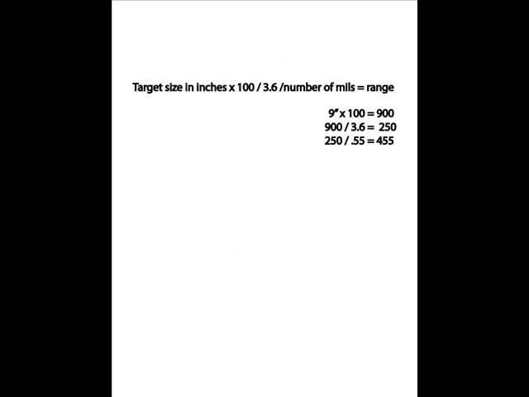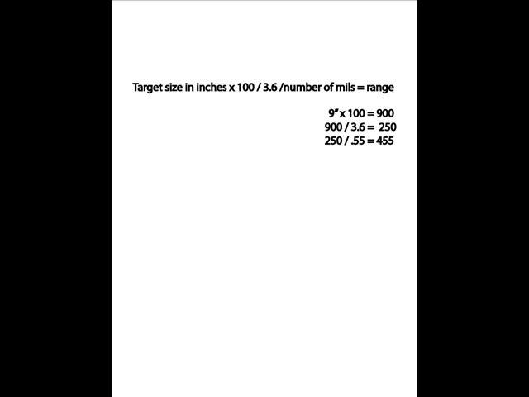And if we use our formula again, 9 times 100 equals 900. 900 divided by 3.6 equals 250. And if you take 250 divided by 0.55, you end up with 455. So we had 450 yards.